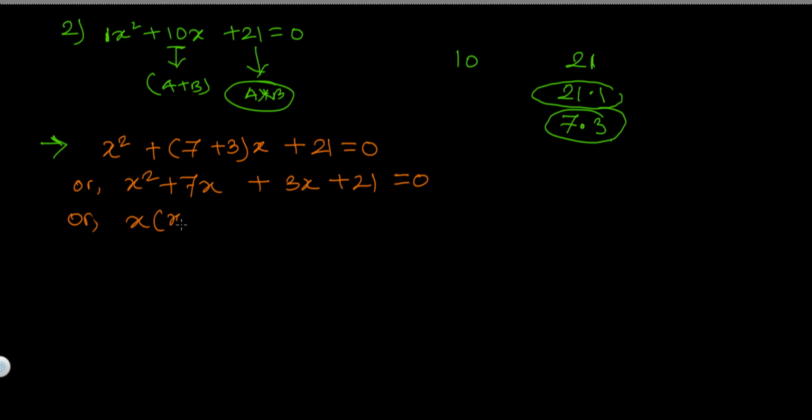We can have x plus 7 now, because over here you're gonna have 3 common, so x plus 7 equals to 0.